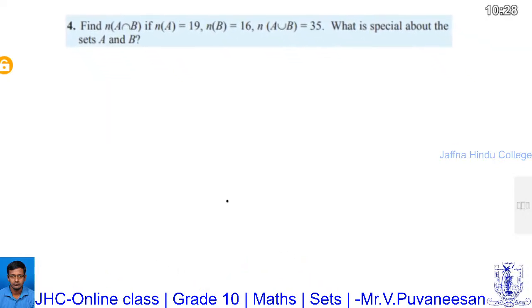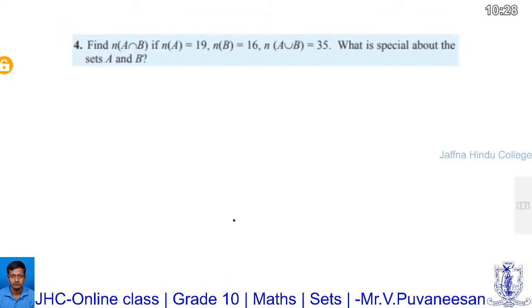Okay. Let's move to another question. Find number of A intersection B if number of A, number of B, number of A union B are given. What is special about the sets A and B? Another question is asked, that is, what is special about A and B? First find the number of A intersection B, then we say the special features of A and B. So write the formula first.